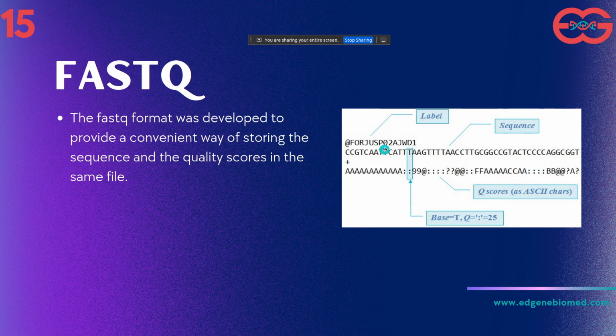Just understand this thing. In FASTQ, Q stands for quality. So the FASTQ format was developed to provide a convenient way of storing the sequence and the quality score in the same file. Why is this required? Because our analysis depends upon the read sequence, and we need confidence that the sequencer is doing its job well.